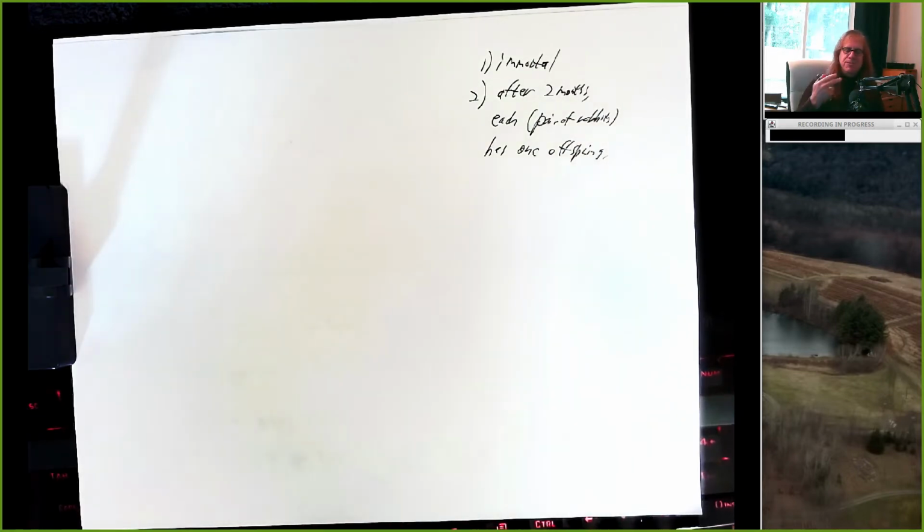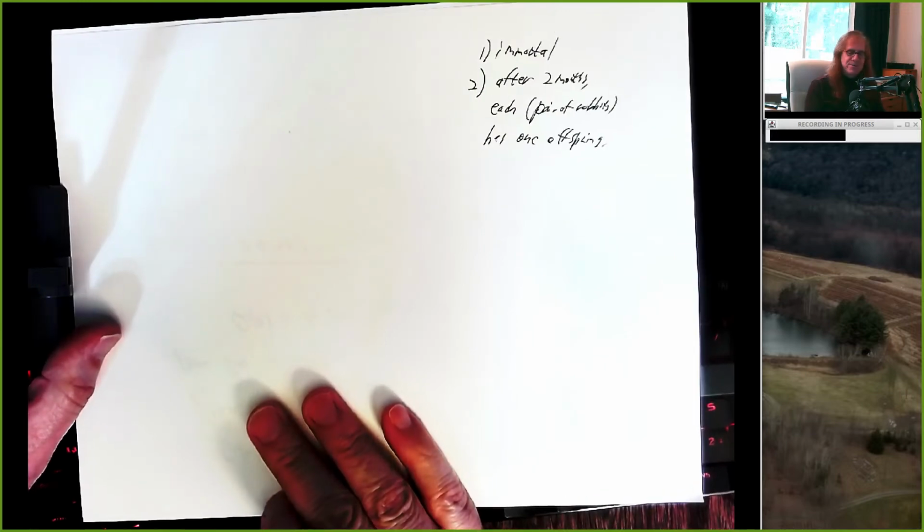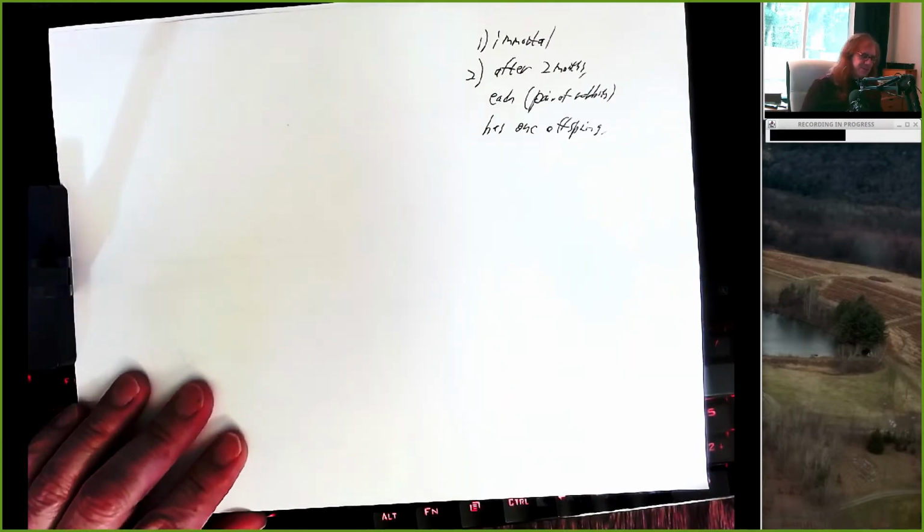A rabbit that's 1 month old doesn't reproduce. When it gets to be 2 months old, it'll reproduce, creating a new offspring. And the next month it'll create another offspring, and every month after that it'll have another offspring forever, because the rabbits are immortal. We want to see what the population of rabbits looks like over time, beginning with a single rabbit or a single pair of rabbits.